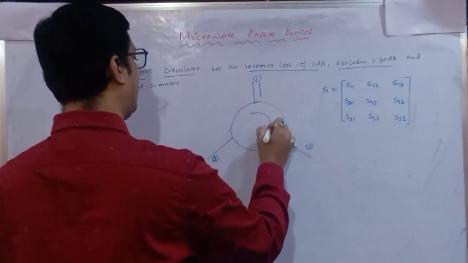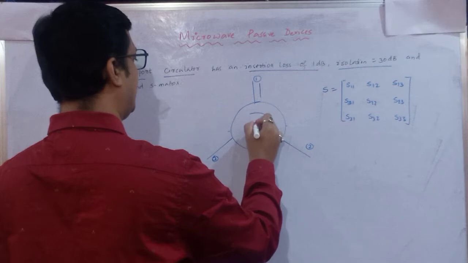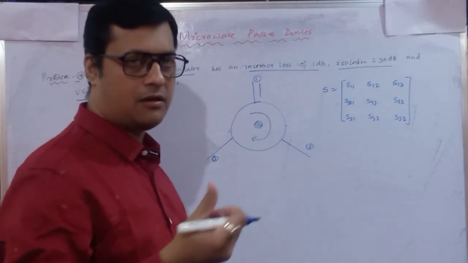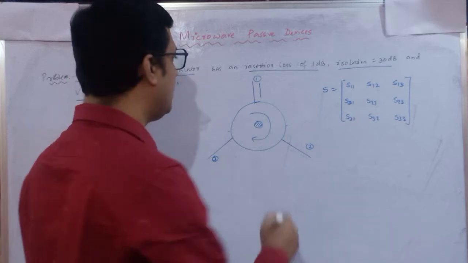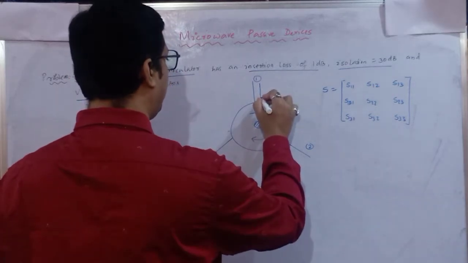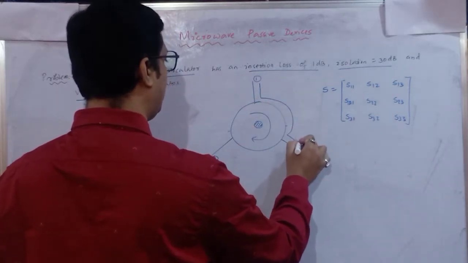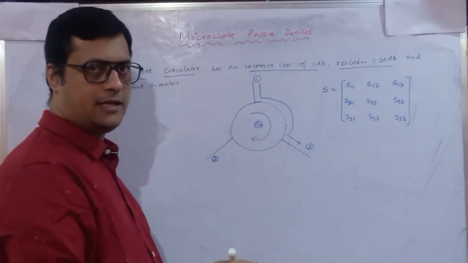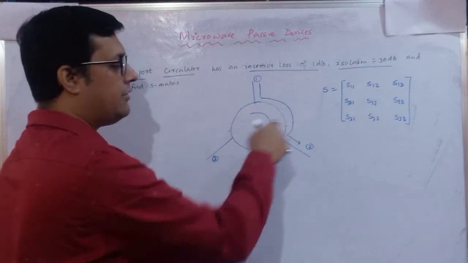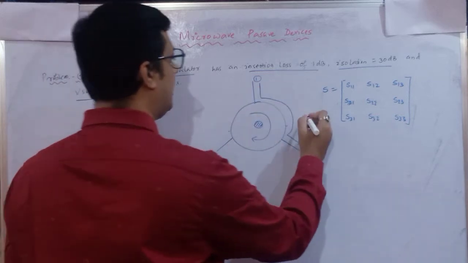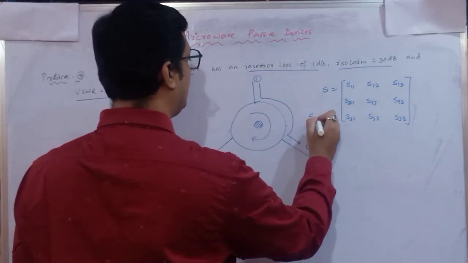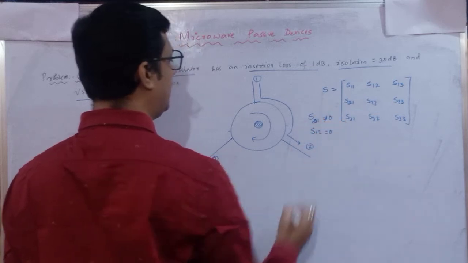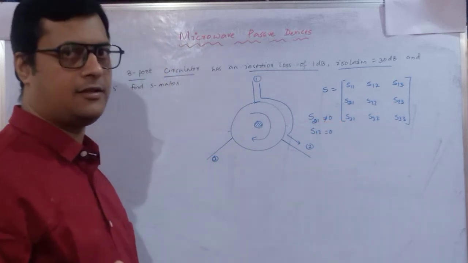It will only rotate in one direction, and there is one small ferrite element which will absorb all the reflected waves. So when the power is fed at port 1, the power is available at port 2, not at port 1, because it is in clockwise direction, and that too it is unidirectional. So the parameter S21 is not equal to 0 and S12 is equal to 0. This is the analogy we have seen.